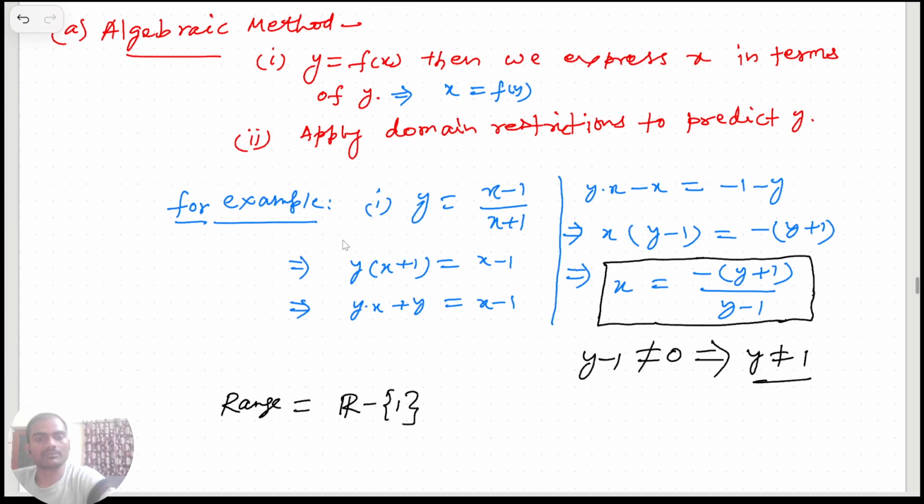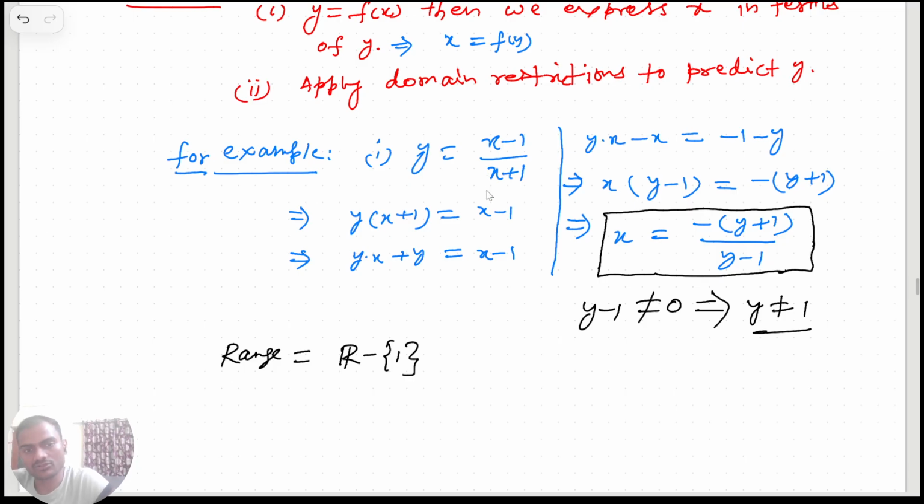Okay, for example, if we consider this function y equal to (x minus 1) by (x plus 1), then our goal is to convert this expression in such a way that we can get x equal to some expression of y. Now for that, just do the cross multiplication. Then what we are going to get? y into (x plus 1) equal to x minus 1. If we multiply this, then we will get y into x plus y equal to x minus 1.